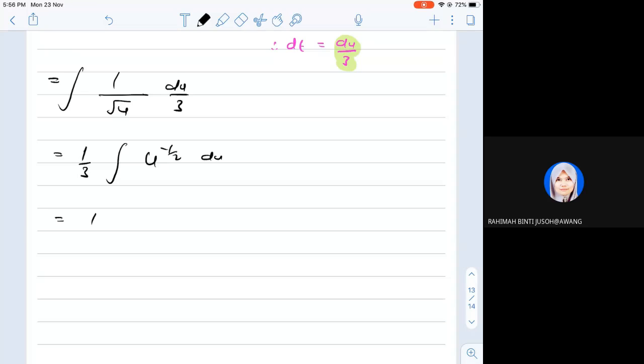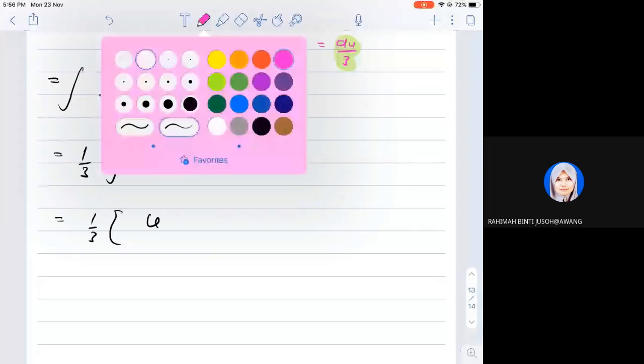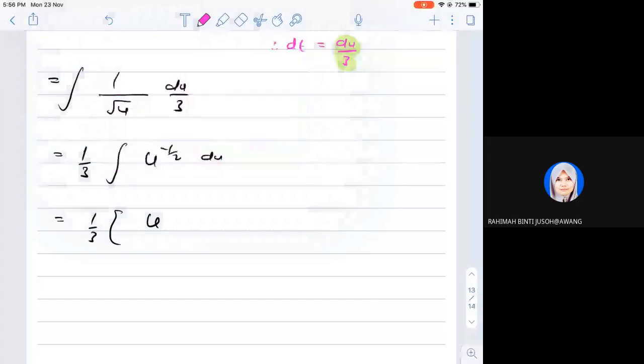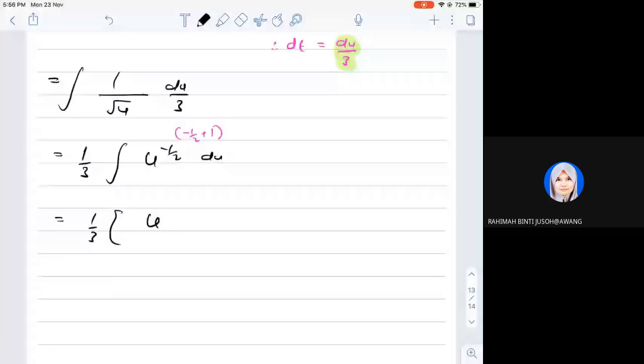What should you get? 1 over 3 multiplied by u to the power of negative 1 over 2 plus 1, which is 1 over 2, over 1 over 2.